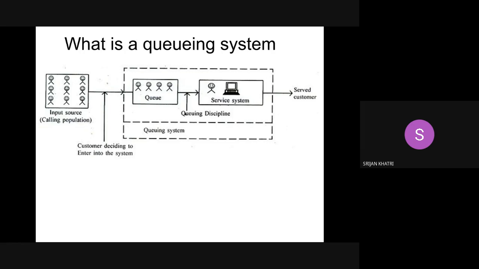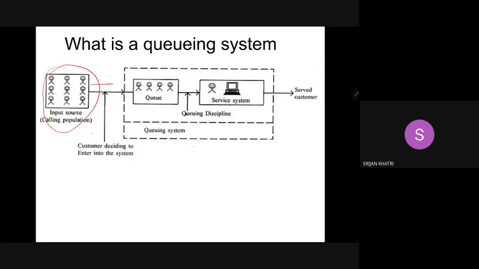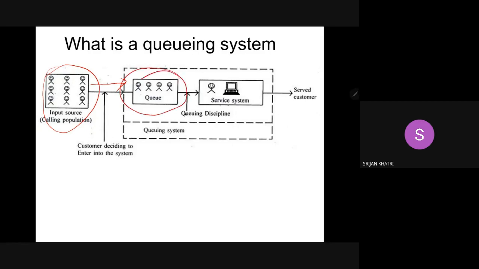So here we have the situation. We have the population, and from the population some want the service, so they are generated and join the system. If the server is busy, they form the queue, and following some queue discipline, the customer gets the service from the server.